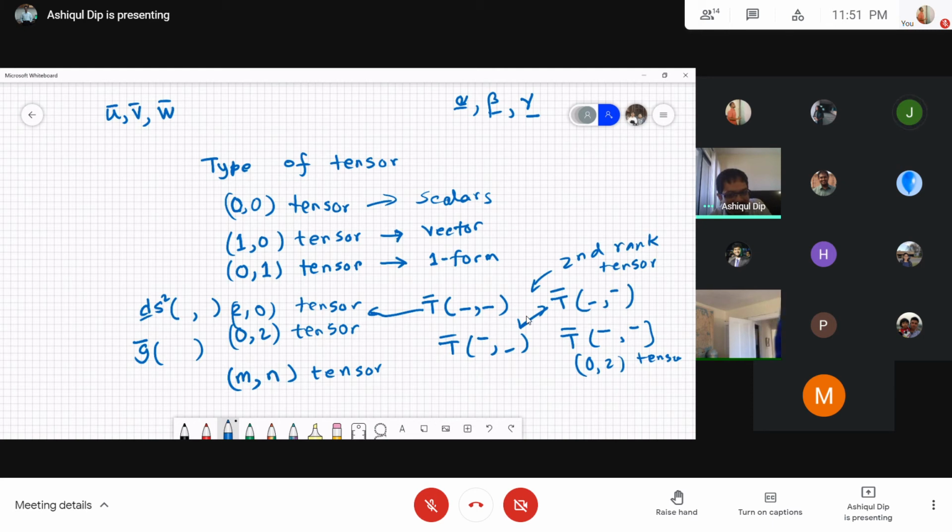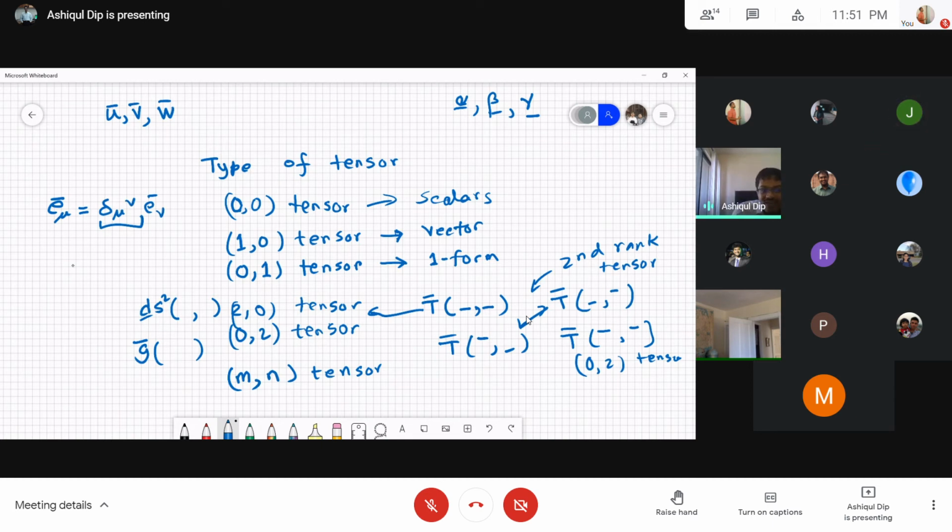Yes. But I could write a vector that is e mu, the basis vector itself, as delta mu nu e nu. So now the Kronecker deltas are components of a vector. So it could be a vector. And it could be a 1-1 tensor as well.